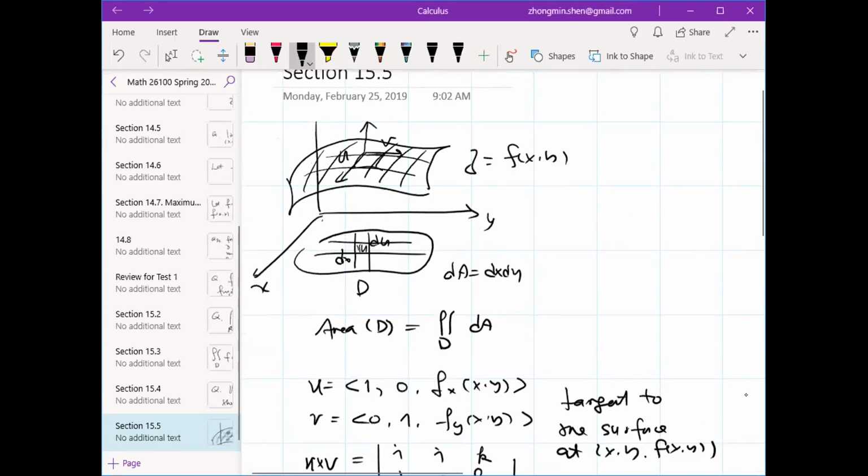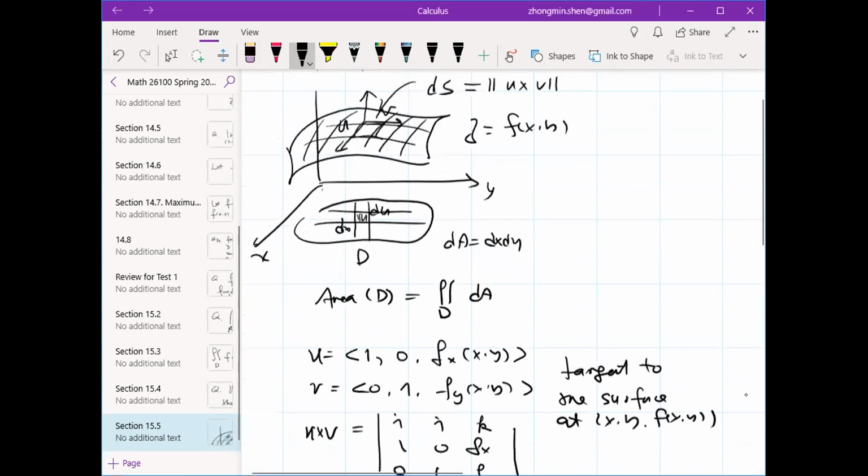And then each piece is approximated by this parallelogram. So imagine the surface area element, we call it dS, is going to be the area of this tiny parallelogram, which is the length of the cross product of u and v.